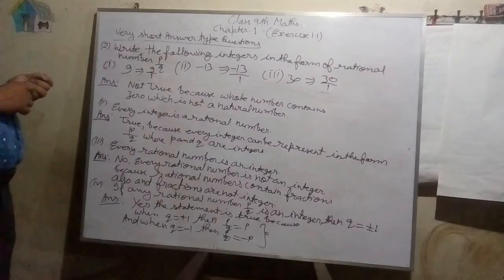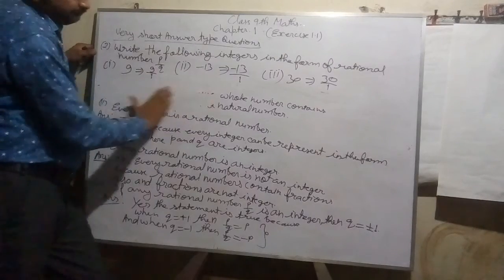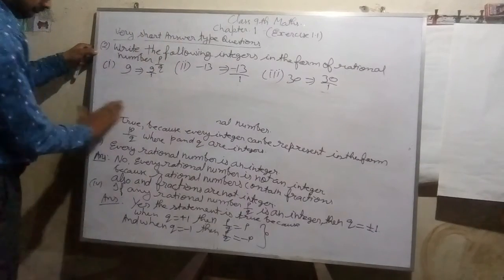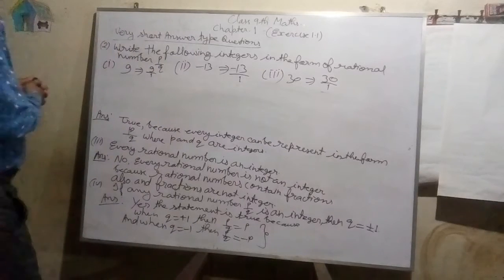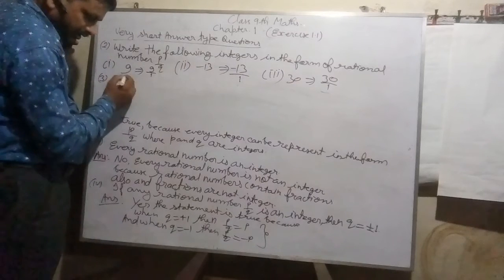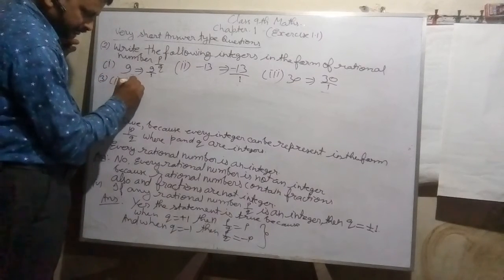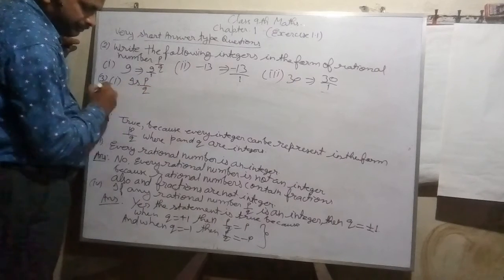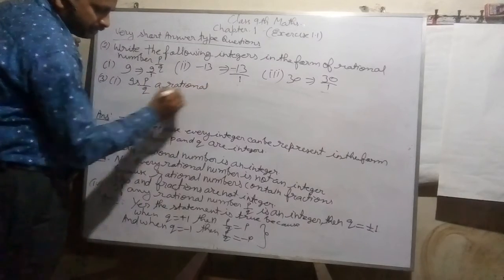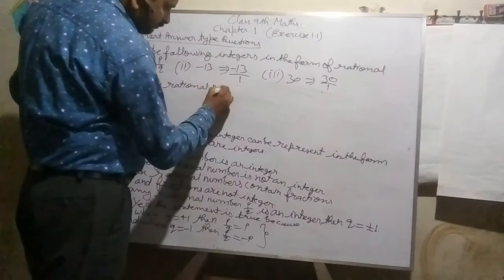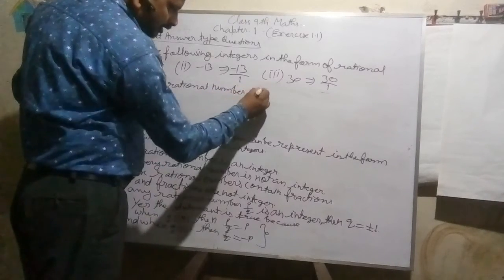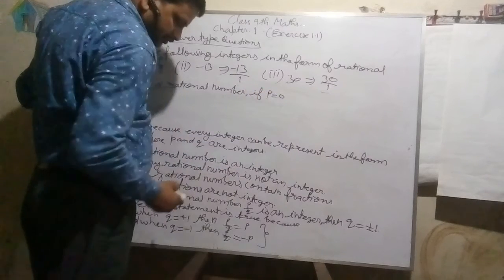And now third question. First part: is p by q a rational number if p equal to 0?